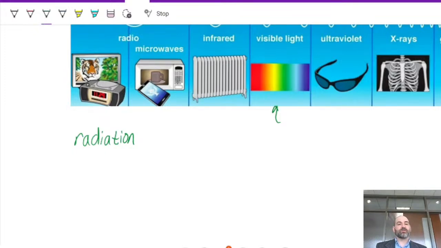So sometimes the word radiation seems a little scary, but it actually just means energy propagating from a source. When you turn on a light and there's light coming out of the light bulb, that is radiation. That is visible radiation being emitted by that light. It doesn't have to be dangerous.